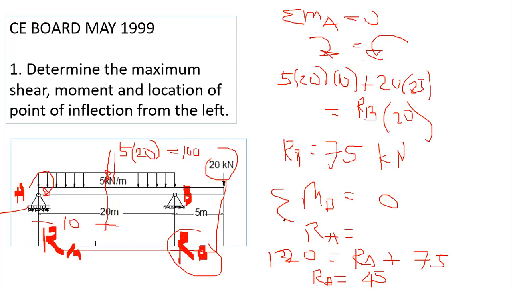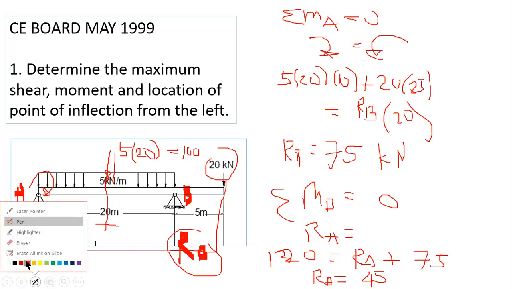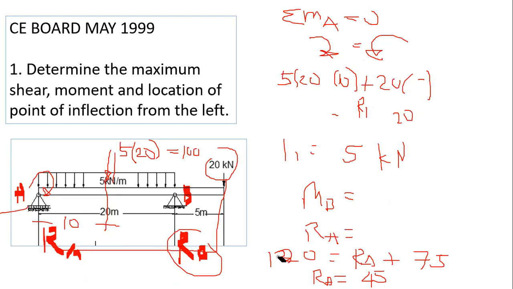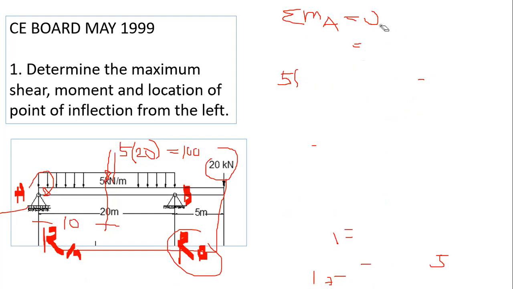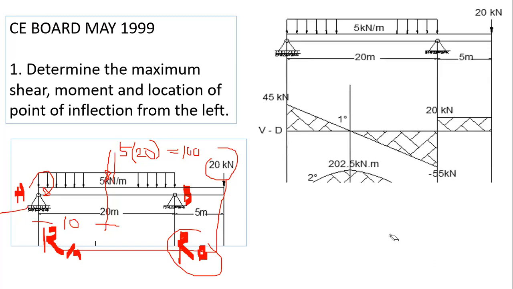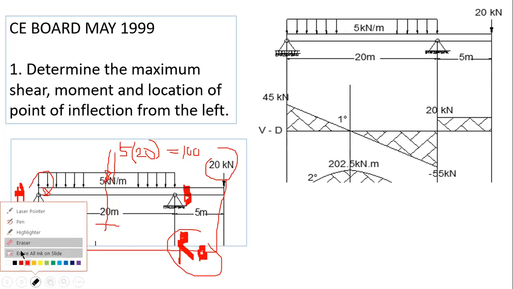So we can now draw the diagram for us to compute the maximum shear and maximum moment. How are we able to do this?